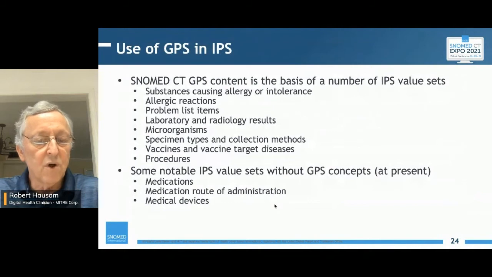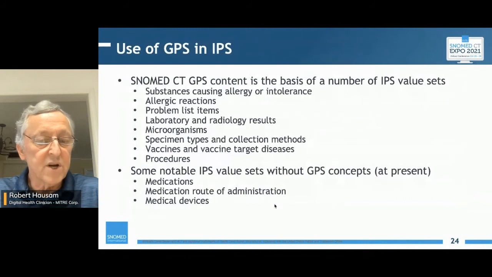But there are some notable IPS value sets presently that do not have any GPS concepts. They have other SNOMED value sets, but the content is not in the GPS, and those include medications. That's been a very difficult area for us to find really what are the best solutions for. But the GPS doesn't offer us much in that area, at least not at present.